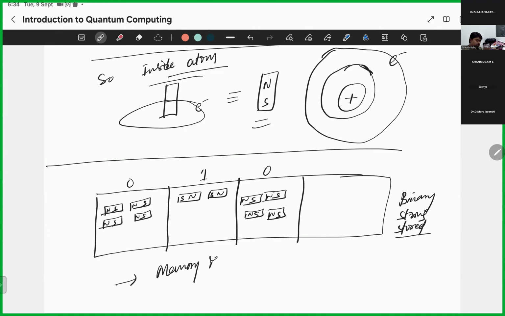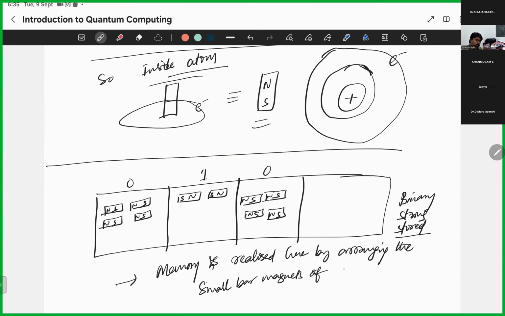So the memory is realized here by arranging the small bar magnets of individual atoms.